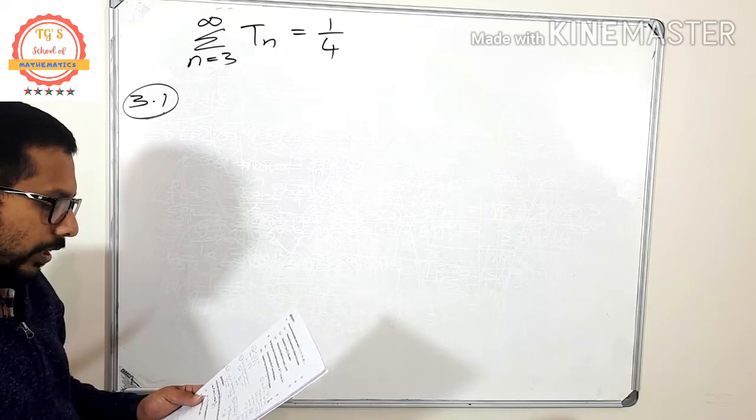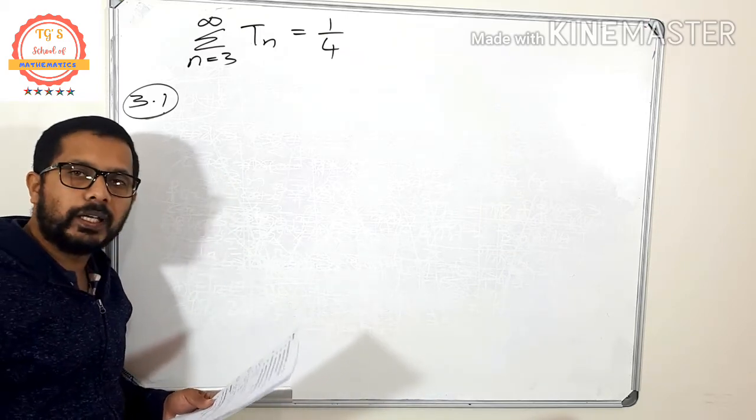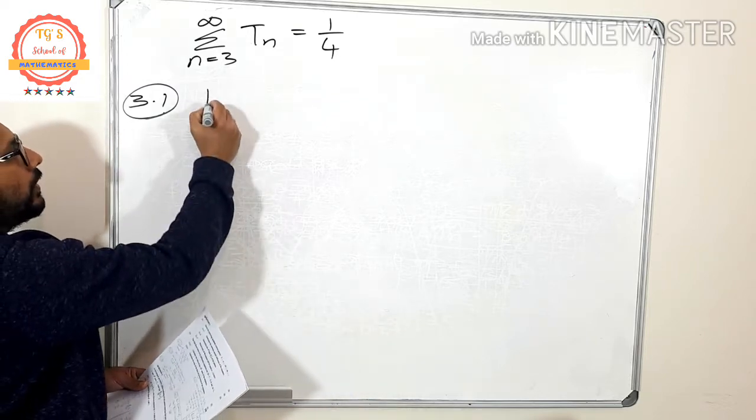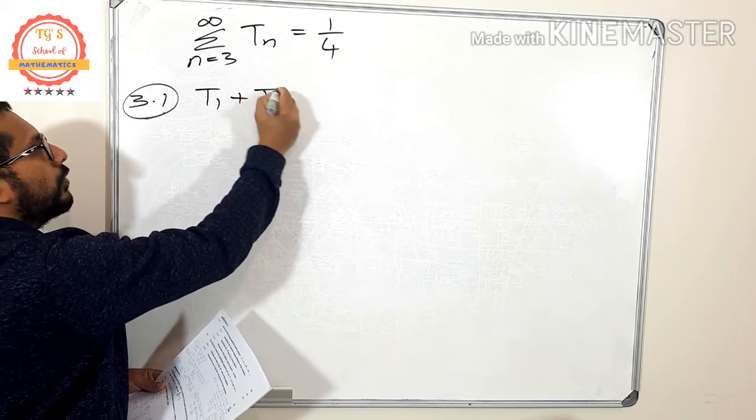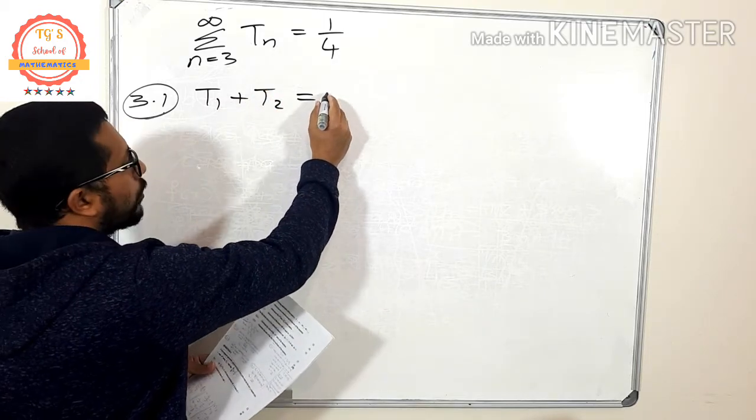If t1 plus t2 is equal to 2, write down an expression for a in terms of r. So it is given that t1 plus t2, that means the sum of the first two terms, is 2.